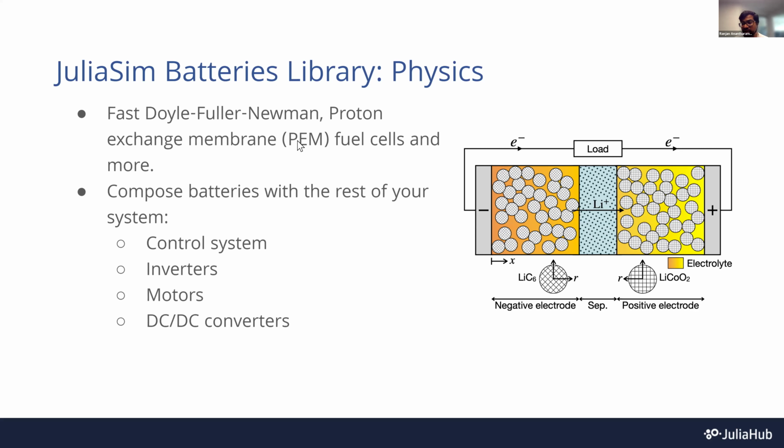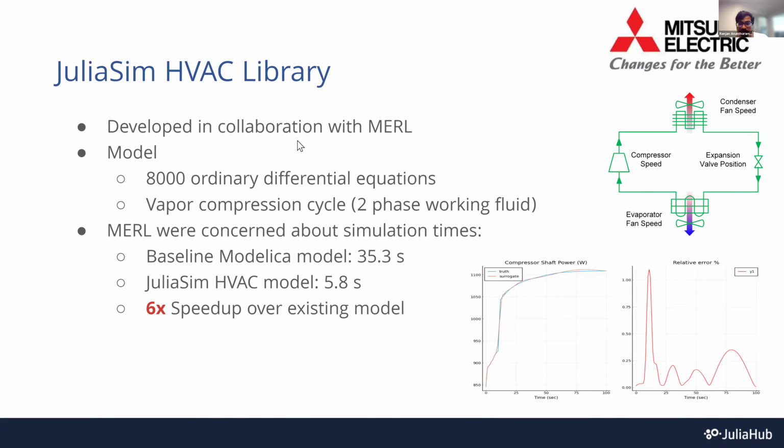So you could have a full battery pack and design a really high fidelity battery chiller, that composes a cooling system with the battery pack, as an example. The other standard library that we have is the HVAC library, which was developed in collaboration with Mitsubishi Electric.